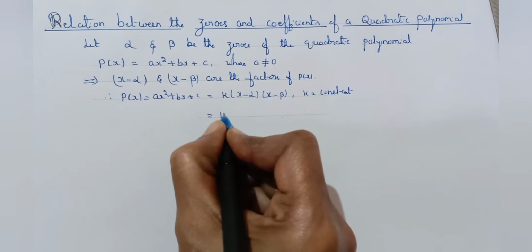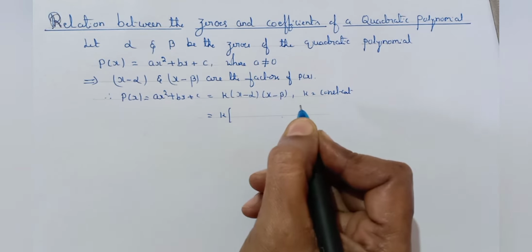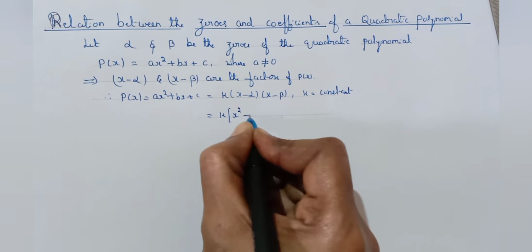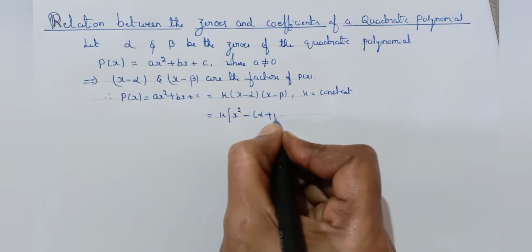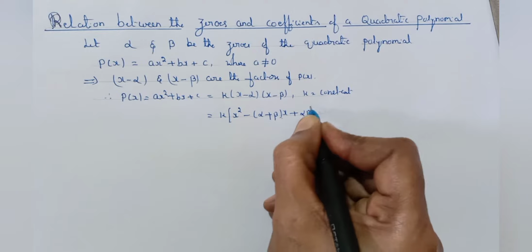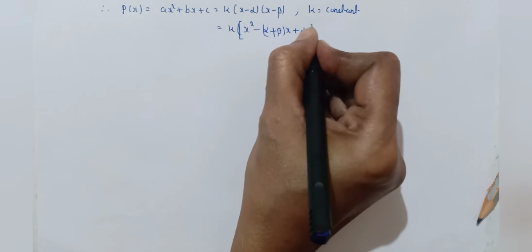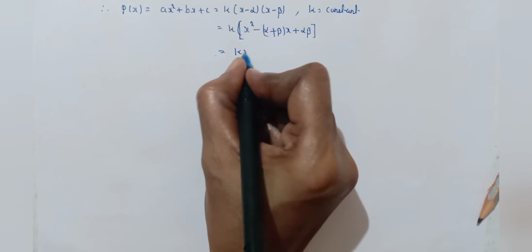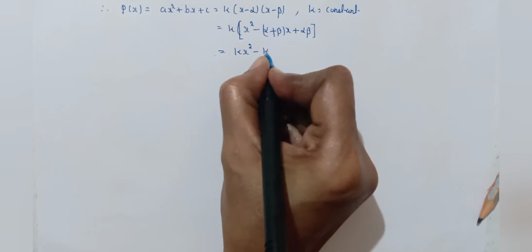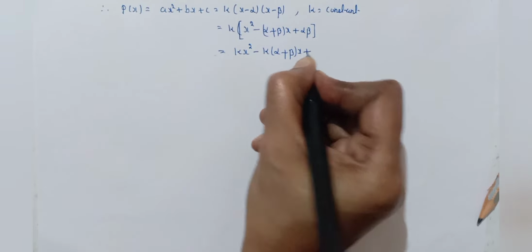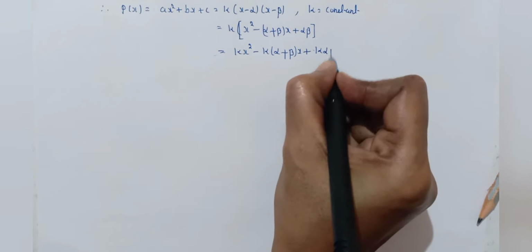So next, k into the product of x minus alpha into x minus beta is x square minus alpha plus beta into x plus alpha beta. Next, multiply by k, kx square minus k into alpha plus beta into x plus k alpha beta.